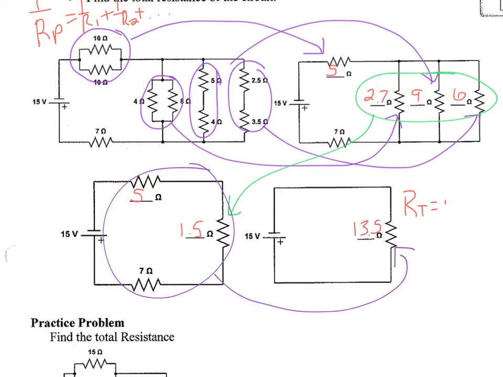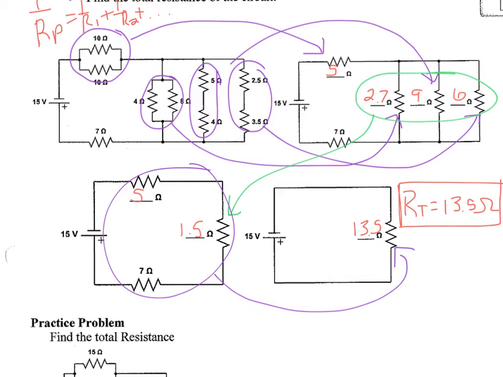Our total resistance equals 13.5 ohms, and we found that by reducing the circuit. You want to redraw this every single time. So every step you take in reducing, you need to redraw the circuit, and you want to end up with just one simple battery with the wires and one resistor.